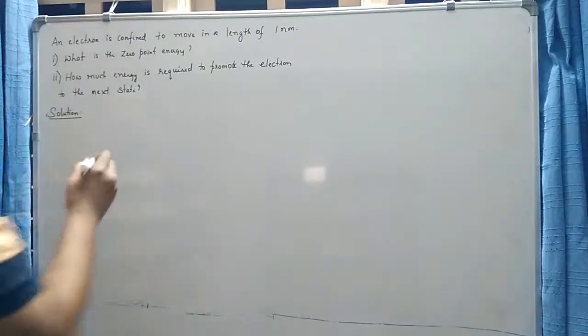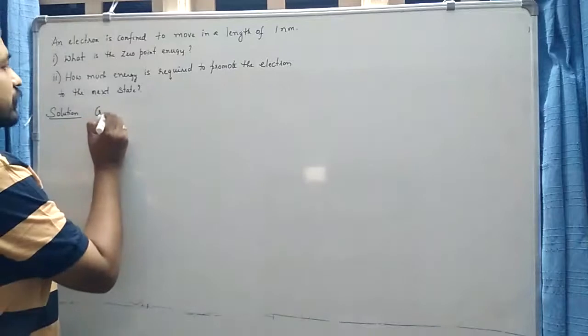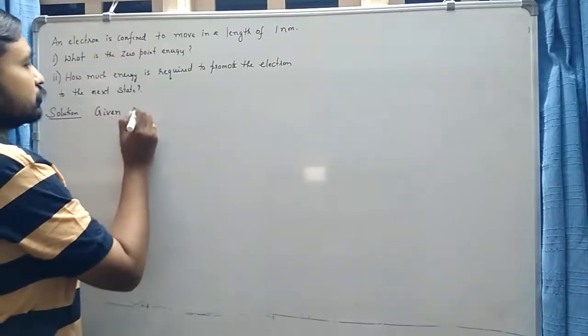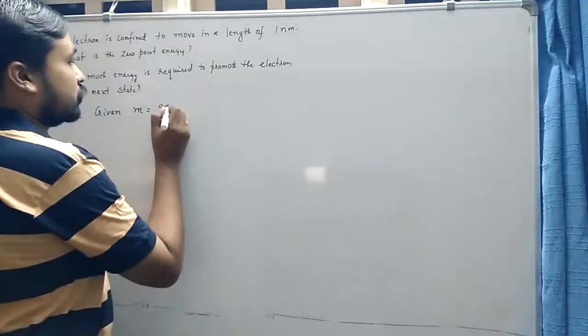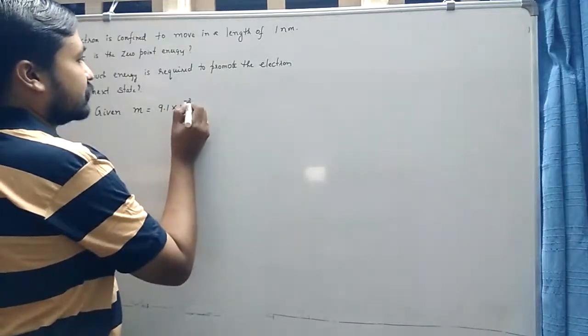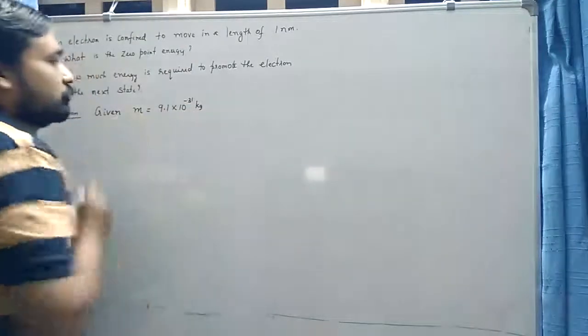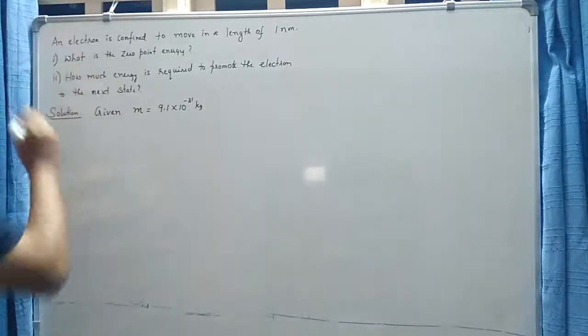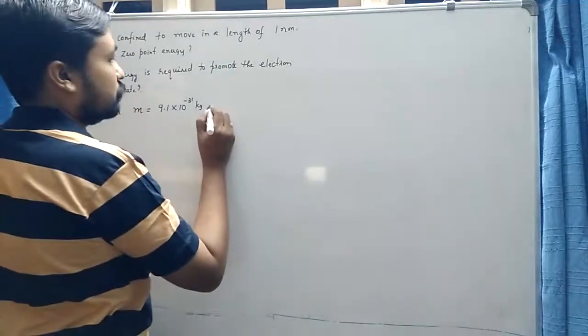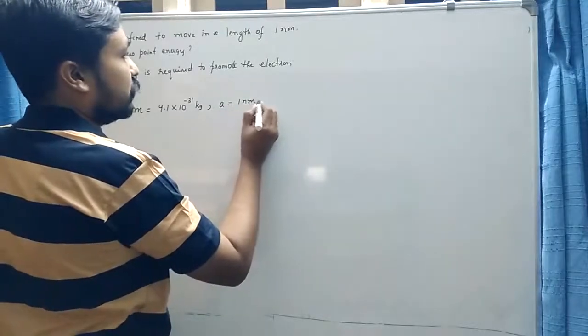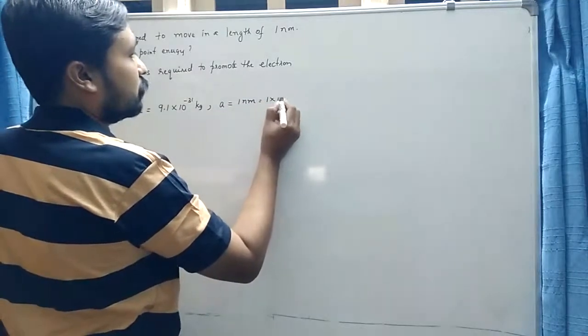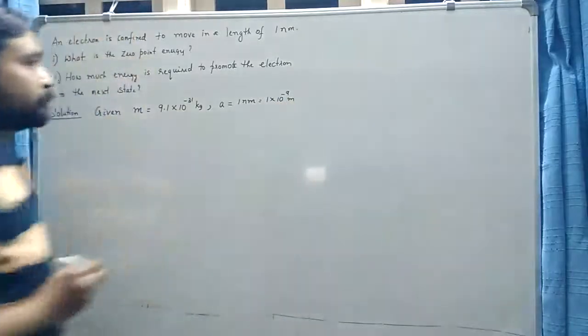So let us first write down what values are given. Mass is known, it is 9.1 into 10 to the power minus 31 kg, because it is an electron. And also we know the length of the box. It is 1 nanometer, which is 1 into 10 to the power minus 9 meter.